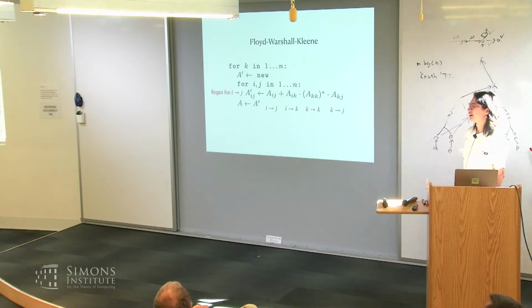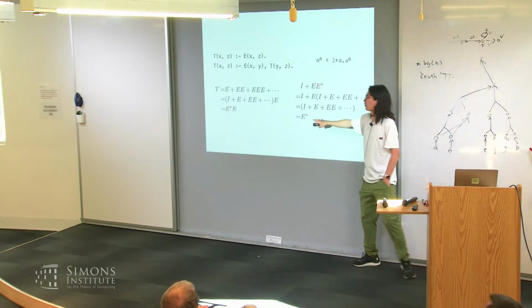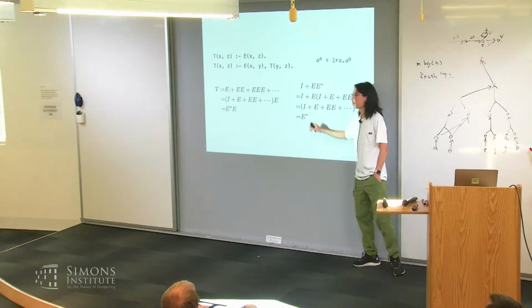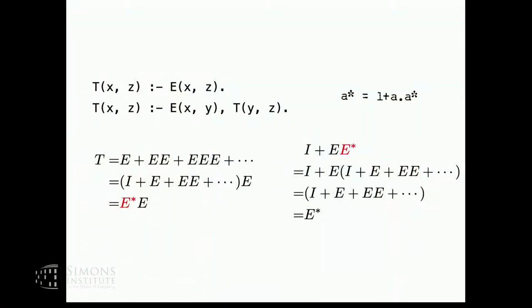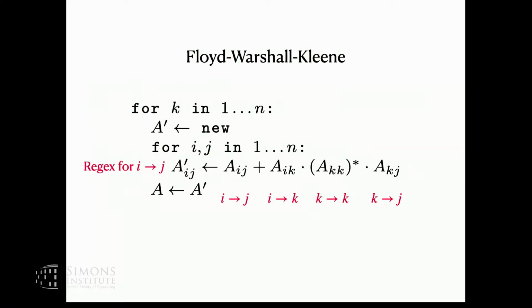So we want to solve for this closure without actually computing the potentially infinite sequence. We'll just use Kleene iteration to compute it.